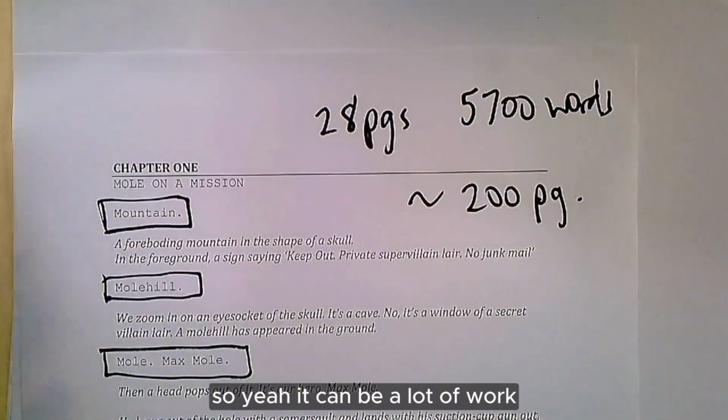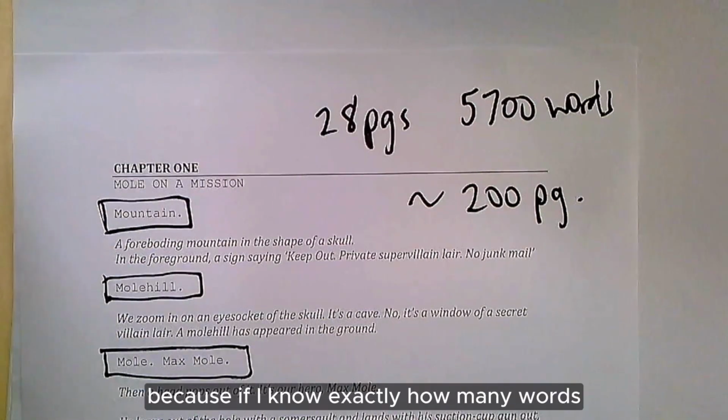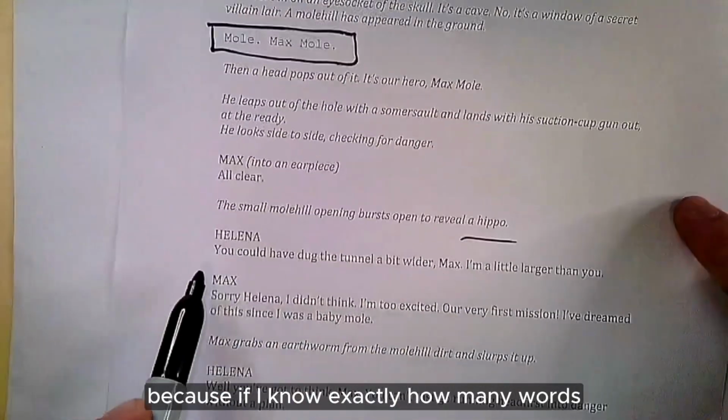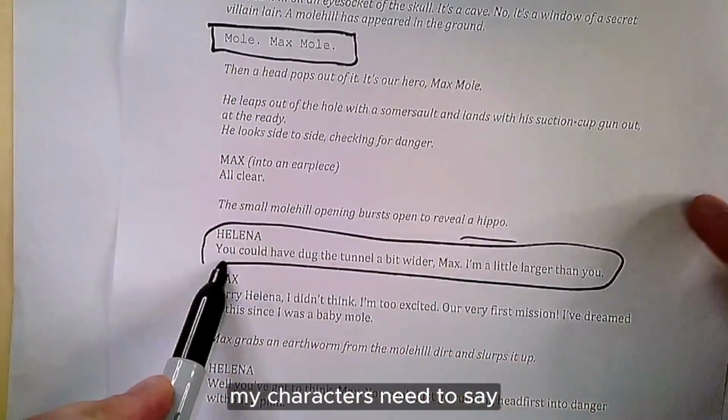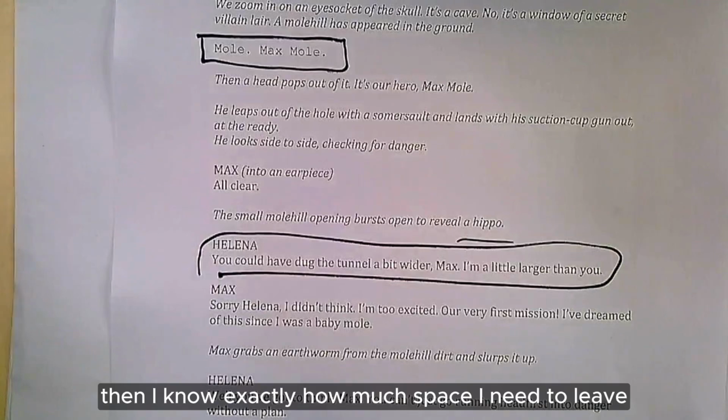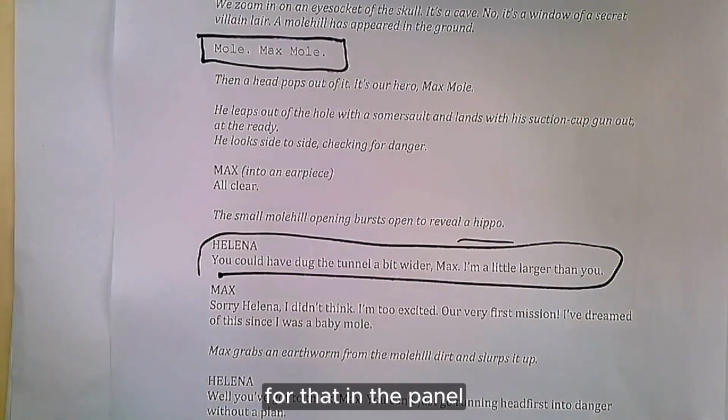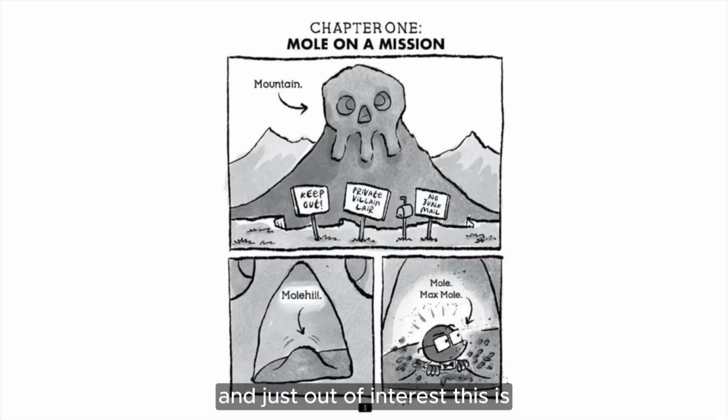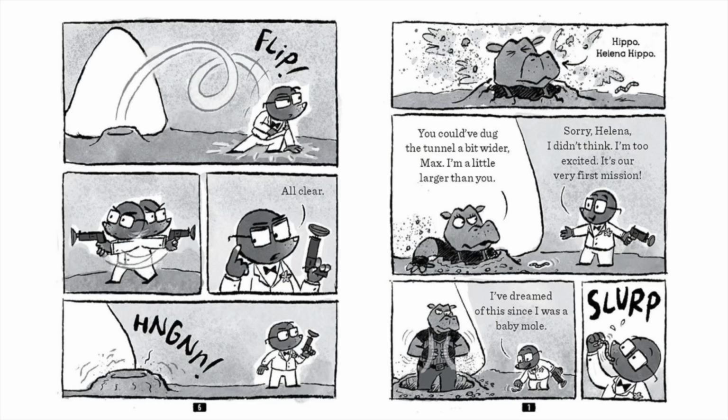So yeah, it can be a lot of work, but it's very, very important, because if I know exactly how many words my characters need to say, then I know exactly how much space I need to leave for that in the panel. And just out of interest, this is how that comic script got translated into pages of the finished comic.